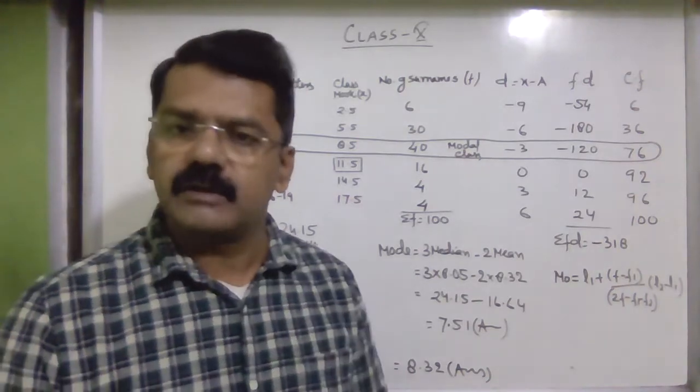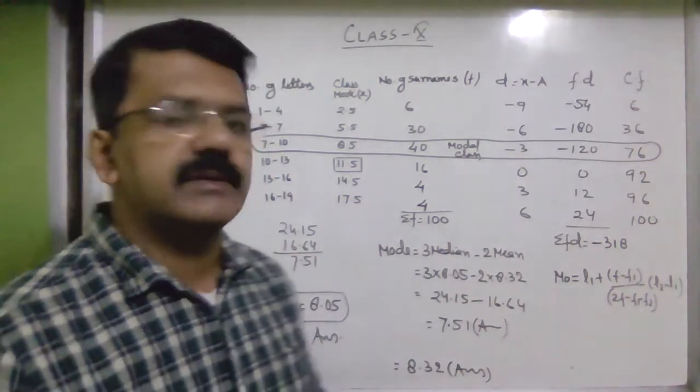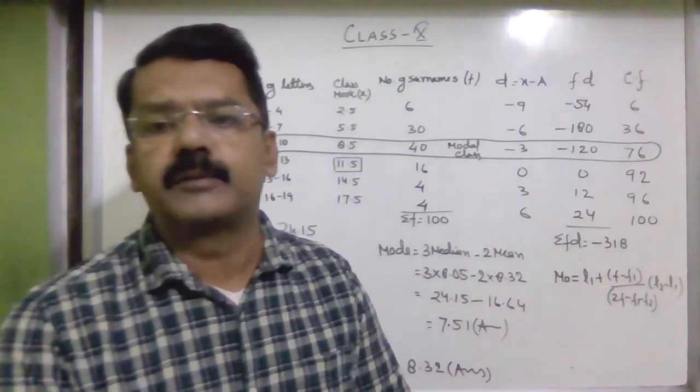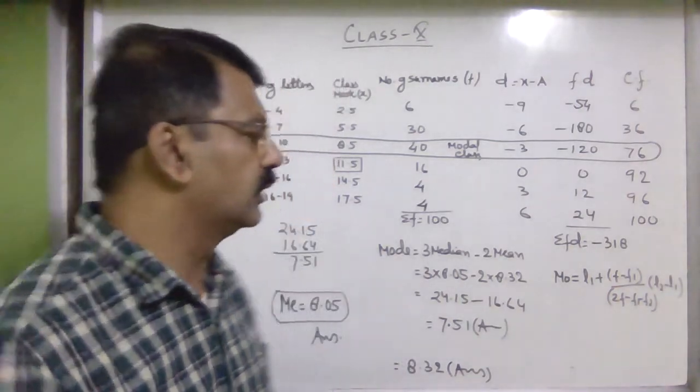F is the frequency of the modal class, F1 is the frequency of the pre-modal class, and F2 is the frequency of the post-modal class.